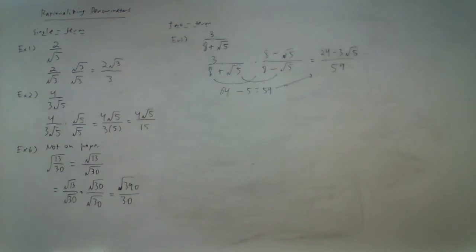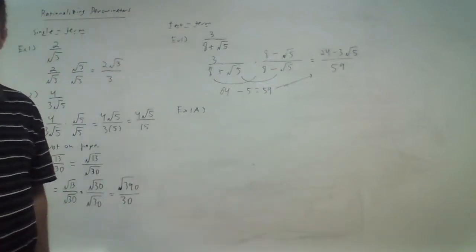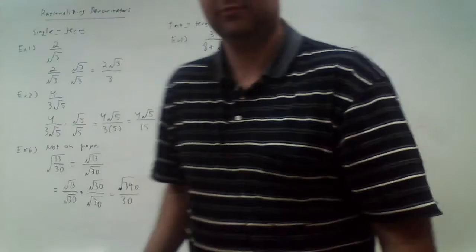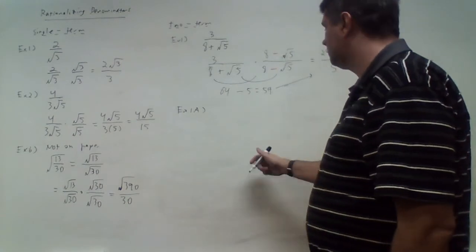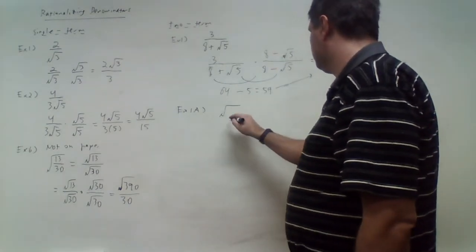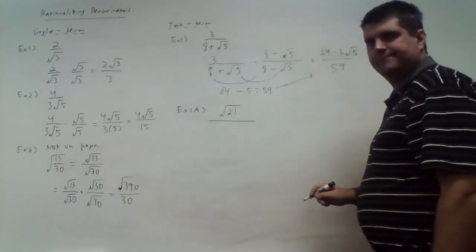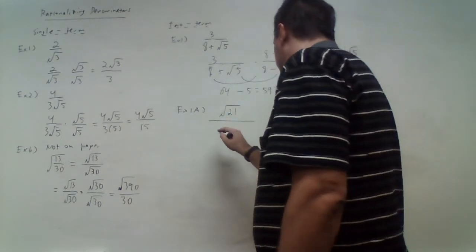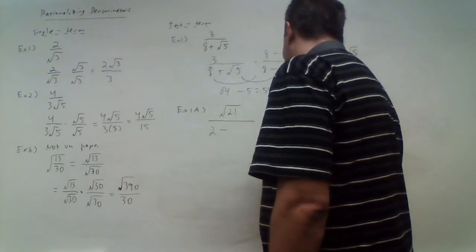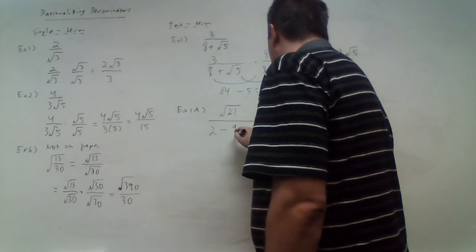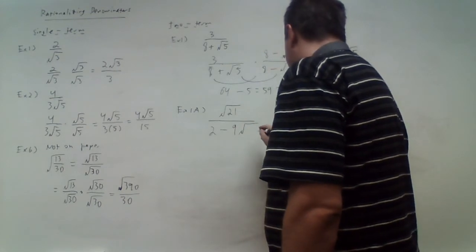Here's another one. Here's example 1A, which isn't on there. Square root of 21 over 2 minus 9 square root of 10.